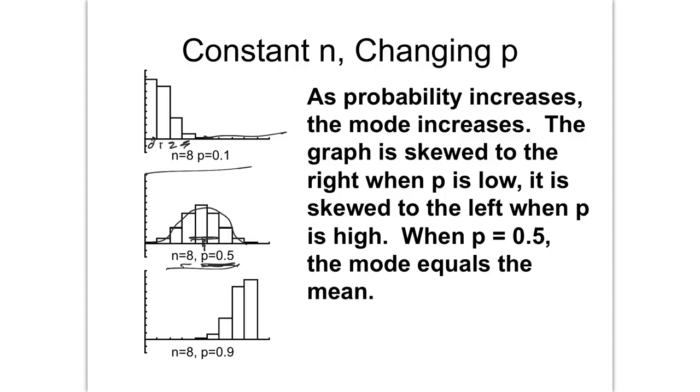And if the probability is high that you're going to make those shots, then your distribution tends to be skewed, with a higher probability for more makes. Probably should be saying more successes, which would make more sense.